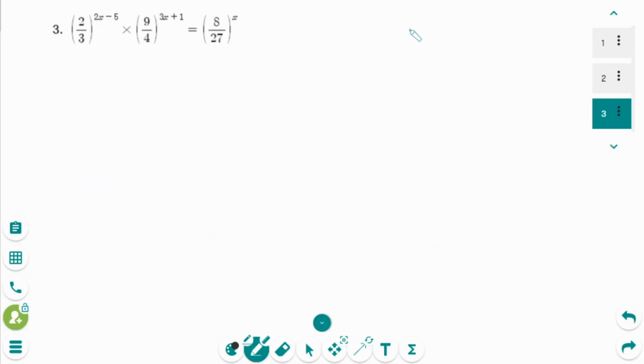Number 3, 9 over 4 equals 3 over 2 squared. Then make the reciprocal, 2 over 3 to the power of minus 2. 8 over 27 equals 2 over 3 to the power of 3.